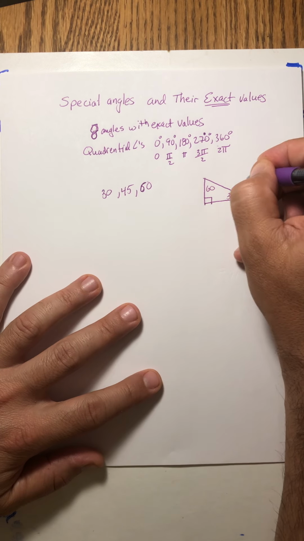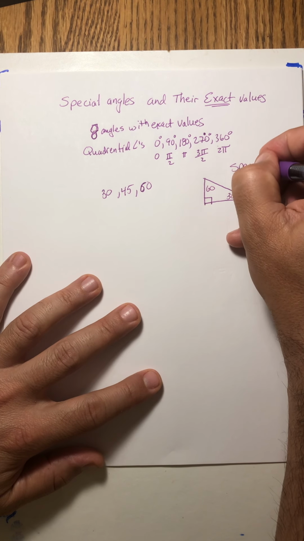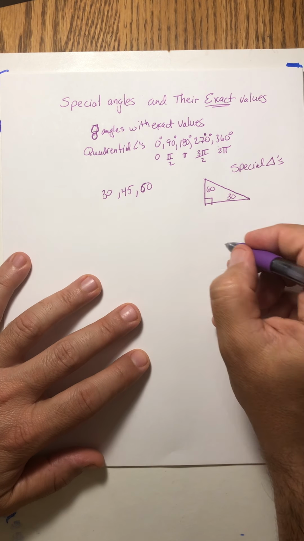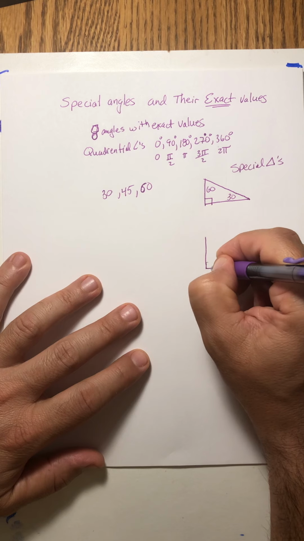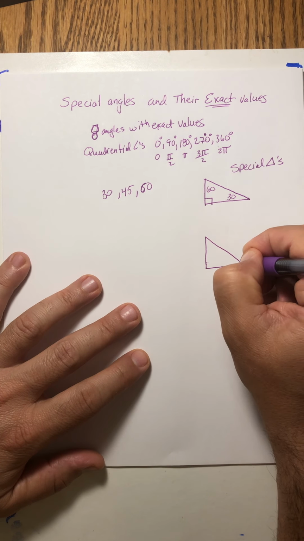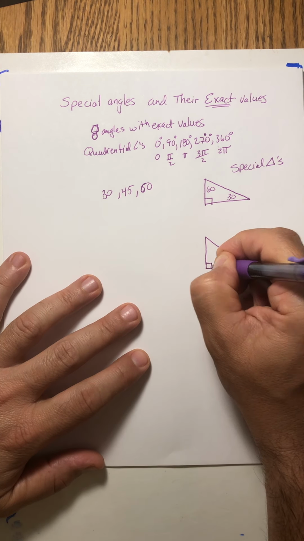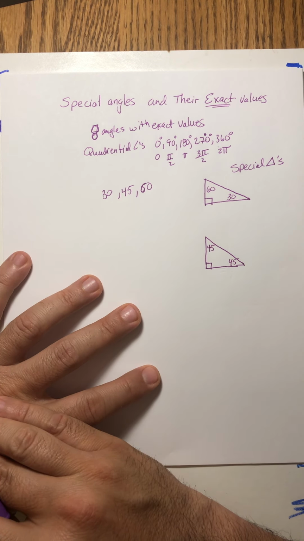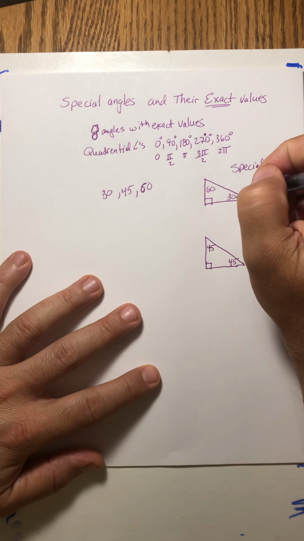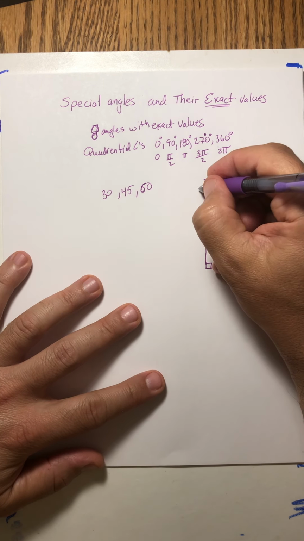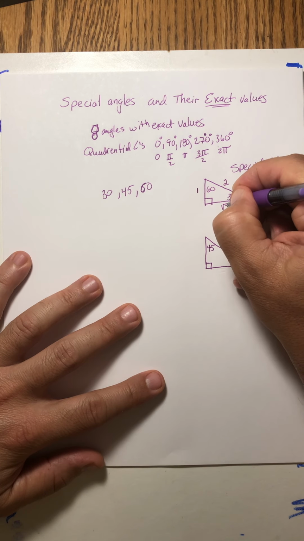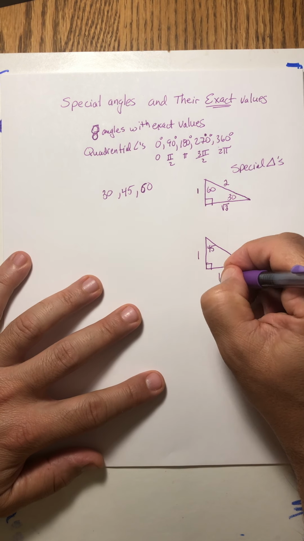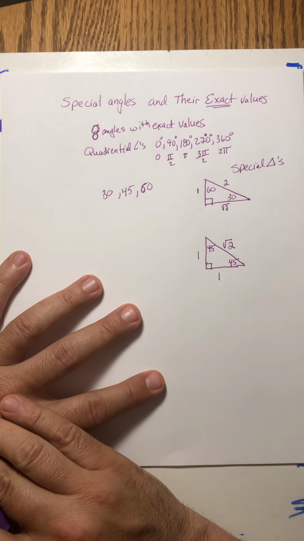One is a 30-60-90, and the other is a 45, an isosceles triangle. In a 30-60-90 triangle, the dimensions are 1, 2, radical 3. And in a 45, it's 1, 1, radical 2.